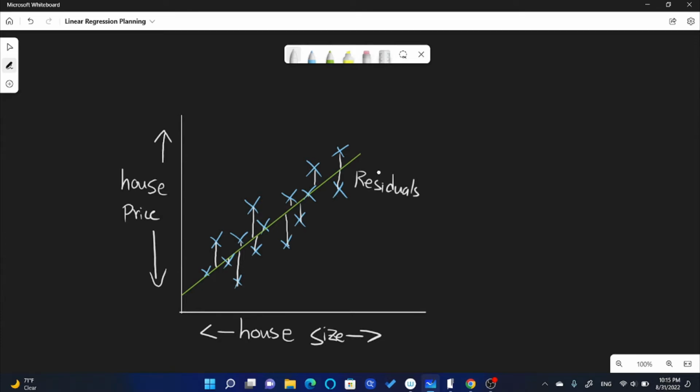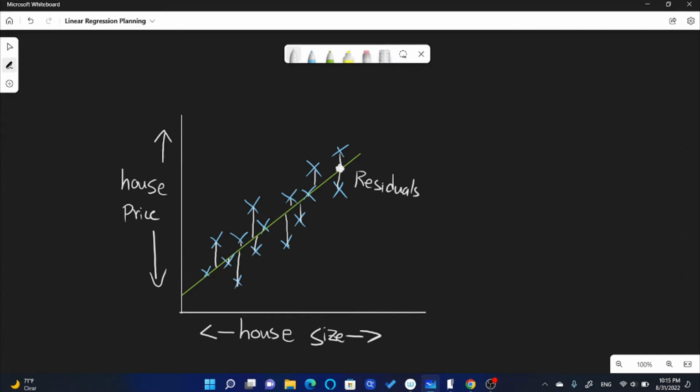So what are residuals? Well, a residual is basically the difference between the predicted value and the actual value. So in this case, the predicted value is this point on the green line, right? That's what we predicted based on the house size for the house price. And then the actual value, the actual house price, we subtract that from the predicted value, and that's how we calculate the residuals, right?